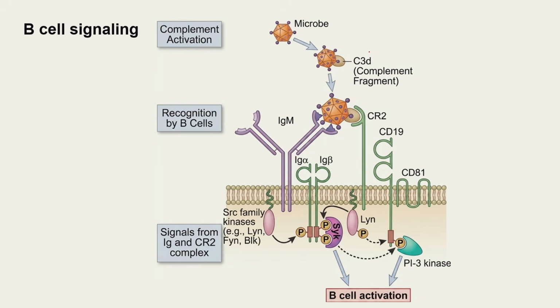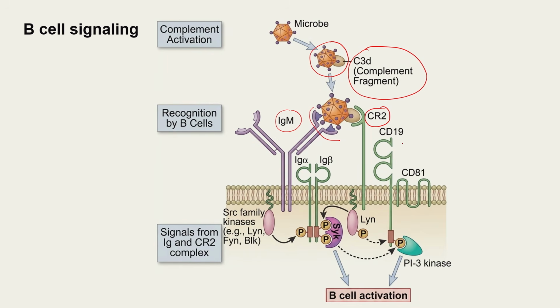There is a complement protein called C3d, and this can bind to the microbes very specifically, and once there is a binding, this can attach itself to the CDR region of immunoglobulins, and here we are trying to understand the IgM molecule. Apart from that, we have something called complement receptor 2. The complement receptor 2 is also present in the plasma membrane of the B cell.